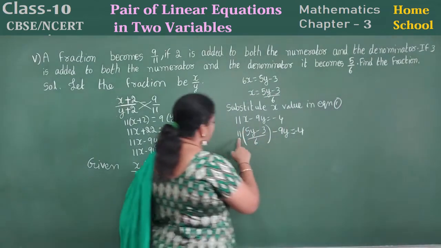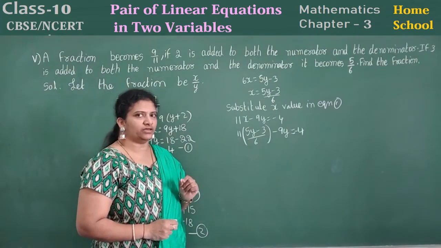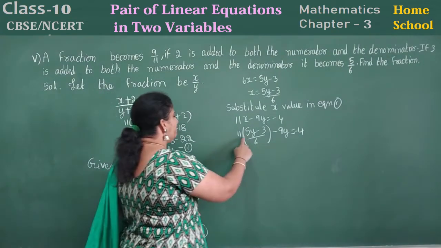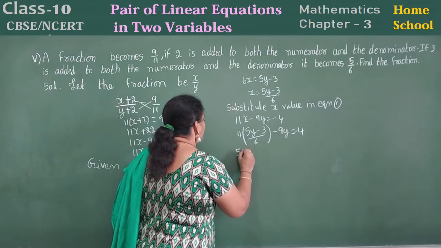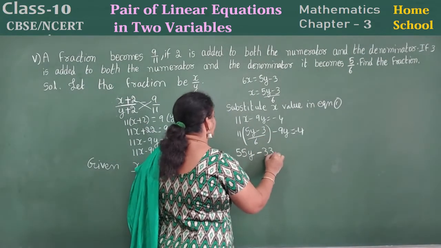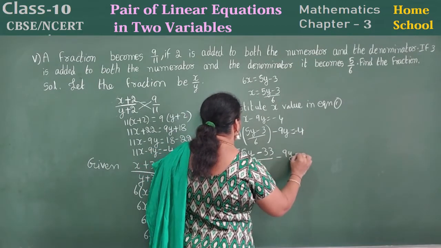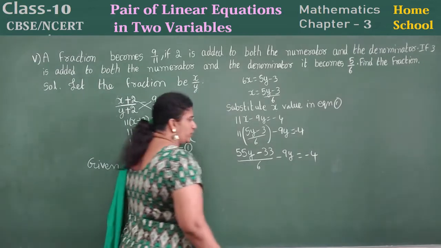So now, where will this 11 be multiplied? Only for the numerator, not for both. 11 5s are 55y minus 11 3s are 33 by 6 minus 9y is equal to minus 4.